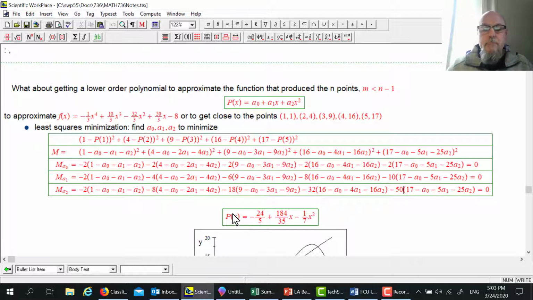Once I solve those 3 equations in 3 unknowns, this should be the a0, the a1, and the a2 that I get. So this is a parabola that minimizes the y distance away from all of the proper points here.